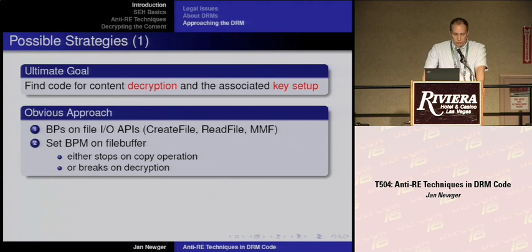The obvious approach, from a debugger perspective, would be to set some breakpoints on common system I/O APIs under Windows, like CreateFile, ReadFile, or memory mapped files. Then you would probably set a breakpoint on memory access on the file buffer. Whenever this breakpoint triggers, it means it's either a copy operation or you're probably very near to the actual decryption algorithm.